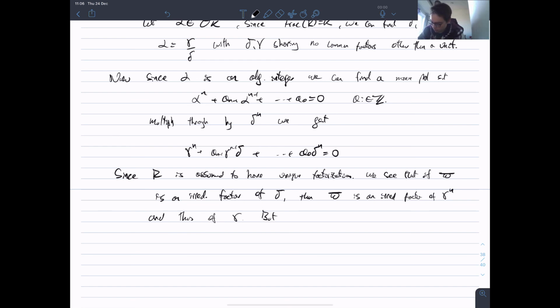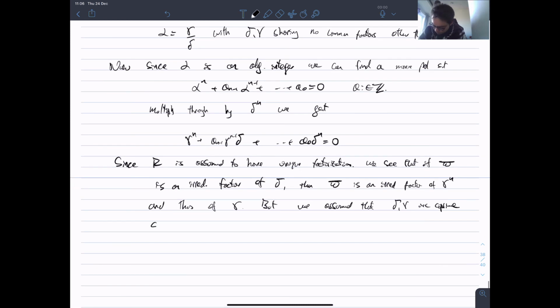But we assumed that this was in lowest possible terms, that delta and gamma are coprime, because they had no common factors other than units. So delta has no irreducible factors other than units.